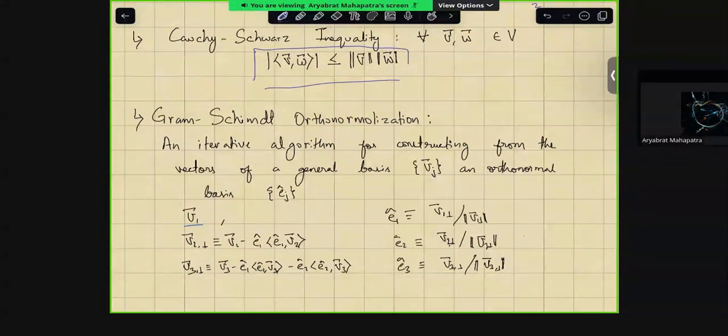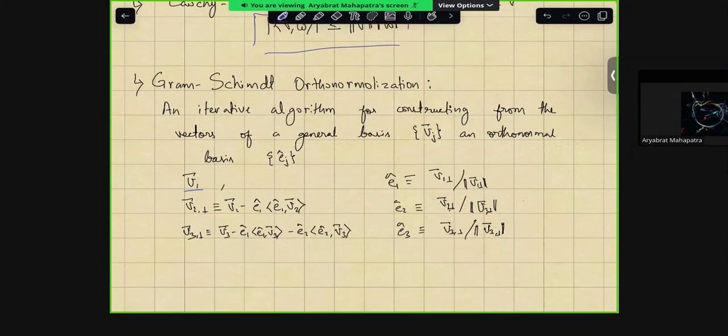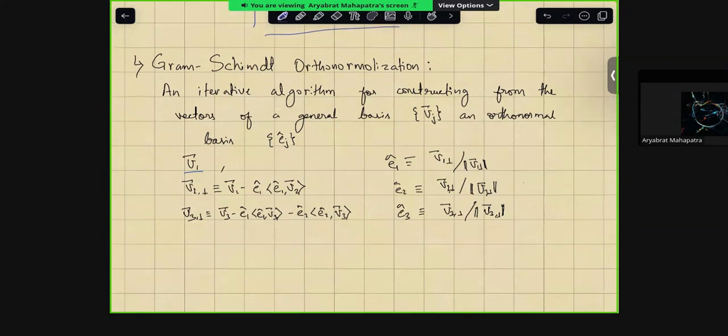You can orthonormalize them using the Gram-Schmidt methodology, where you pick vectors, say v1, v2, v3, which do not form an orthonormal basis.